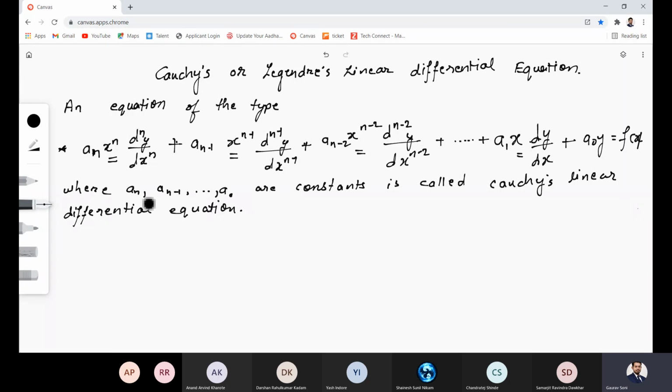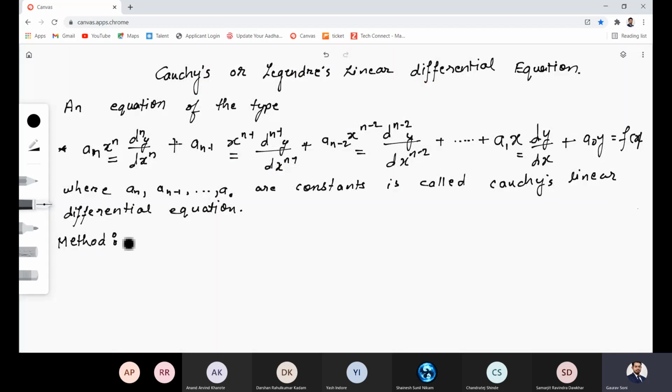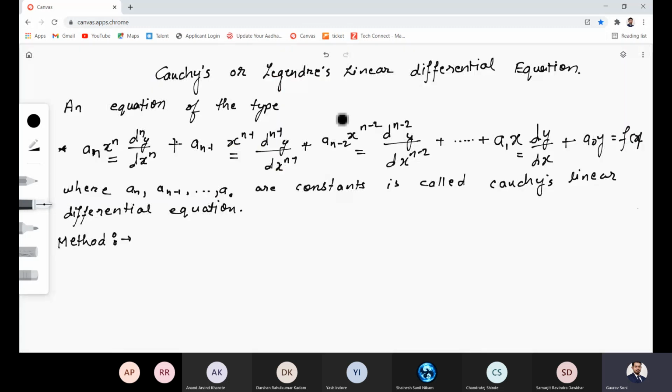So we make some substitution. To solve this type of differential equation, we have a standard method: you convert this differential equation to a differential equation with constant coefficient. And how do we do that? We do that by the substitution. We put x is equal to e raised to z.